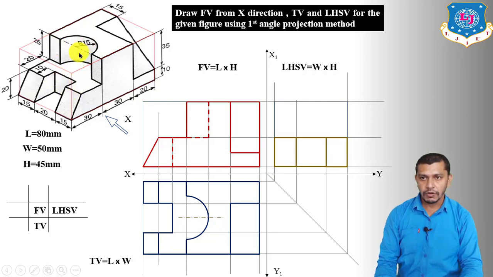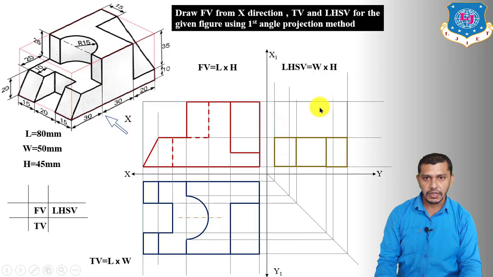Now we have to draw the left hand side view of this semicircular part. For that we have to take the projection of this part from the front view and top view. So from the front view we have to draw this projection which we have already taken, and from the top view we have to project this part. So project this edge over here like this, project this edge over here like this.